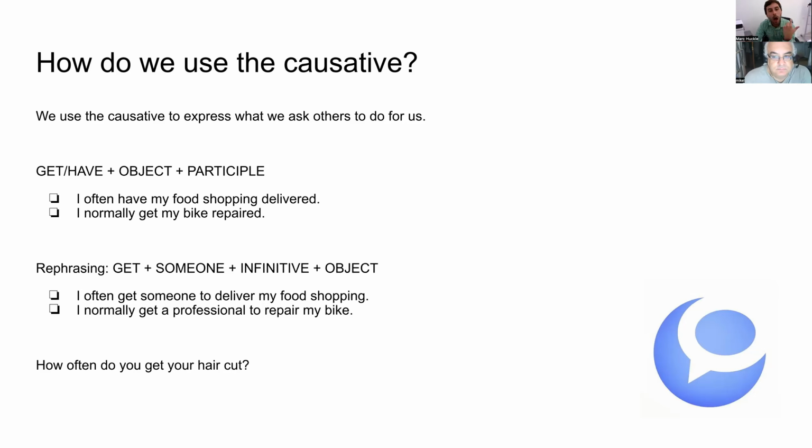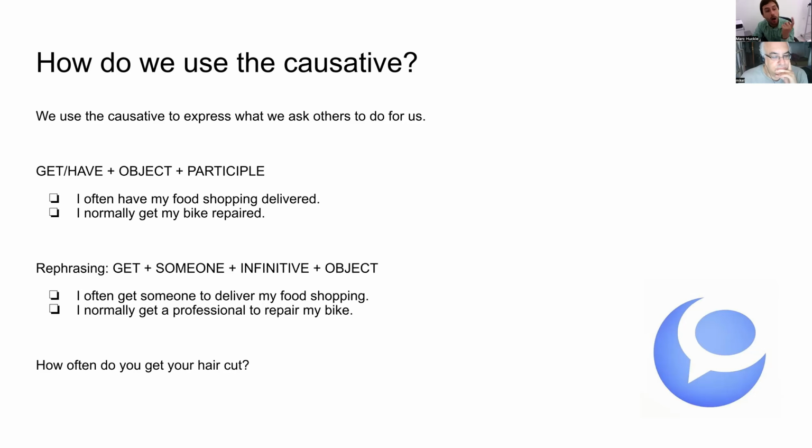Okay? I normally get my bike repaired. I pay someone to repair my bike. So we use have or get, an object, then the participle. We can also rephrase by saying get someone infinitive object. For example, the first phrase, I often have my food shopping delivered.